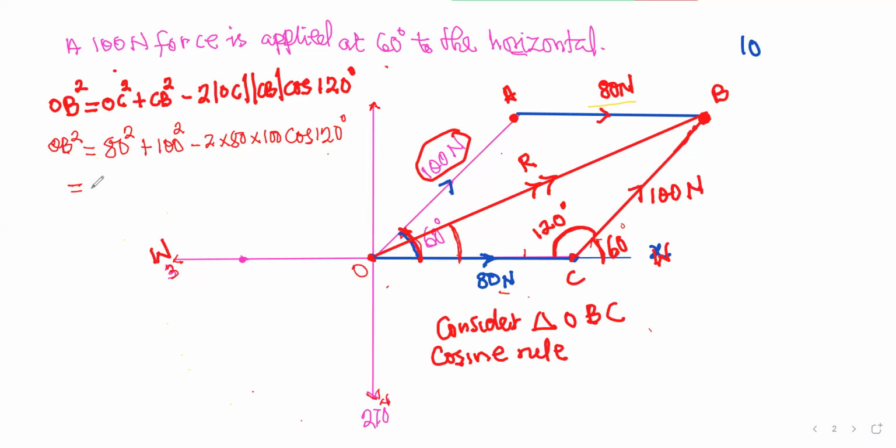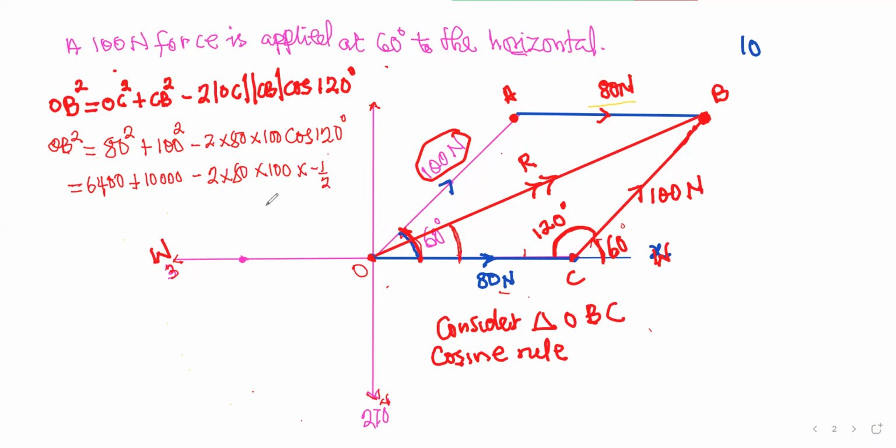What is 80 squared? 6,400. 100 squared is 10,000, right? Now, cos 120 is equal to negative cos 60, which is negative half. So we have 2 times 80 times 100 times minus half.